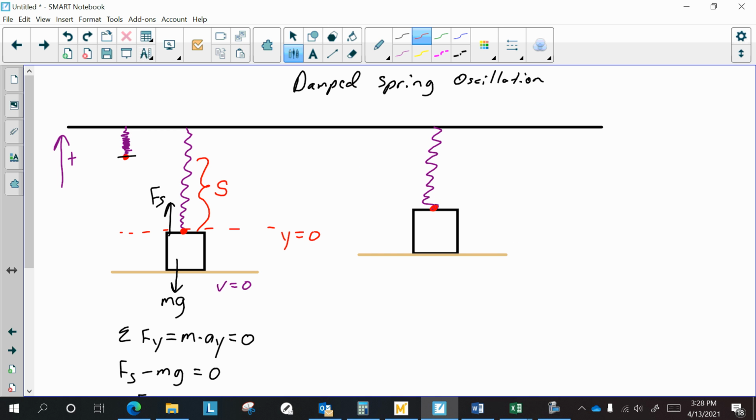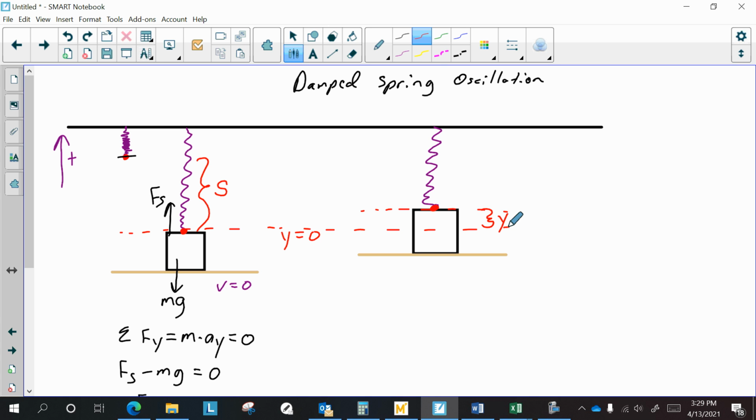If we're measuring from that connection point, then that distance is our current y value. Now, if that's where we raise it to and let it go, that's also going to be equivalent to our amplitude, because that's the highest position it's going to be.